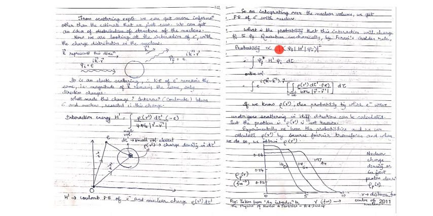And this is how you write this expectation value: over the entire volume, psi_f star H prime psi_i dτ.